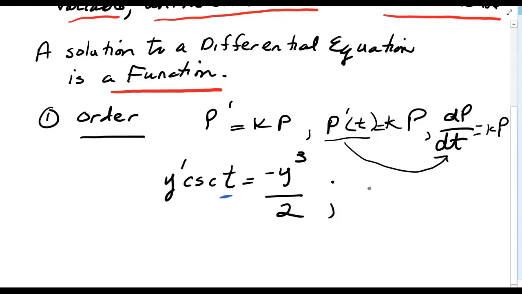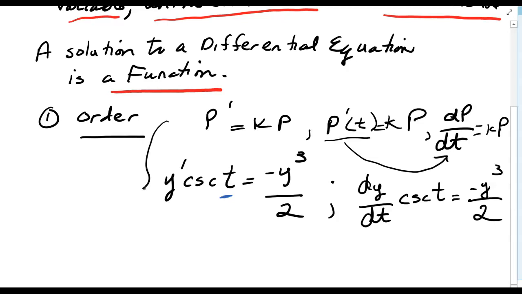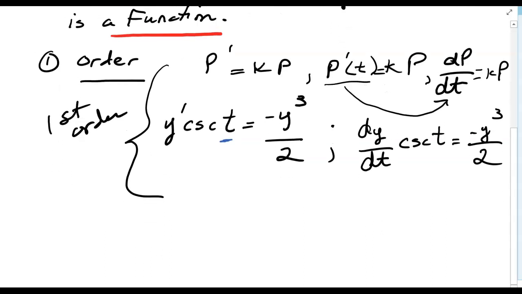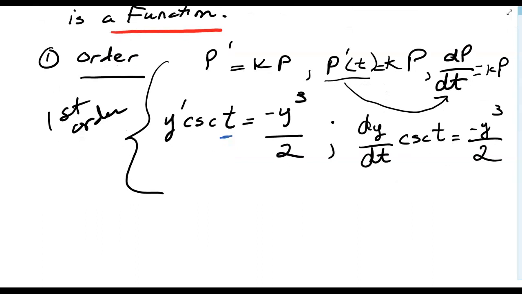So we could rewrite that as dy over dt times cosecant t equals negative y cubed over 2. These, again, are all first order. What makes them first order is within the equation, you only see the first derivative, no matter which way it's written. A whole bunch of different ways it's written here.